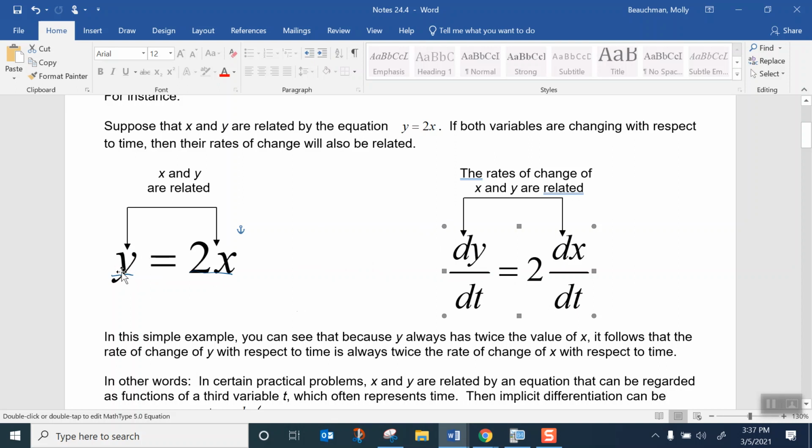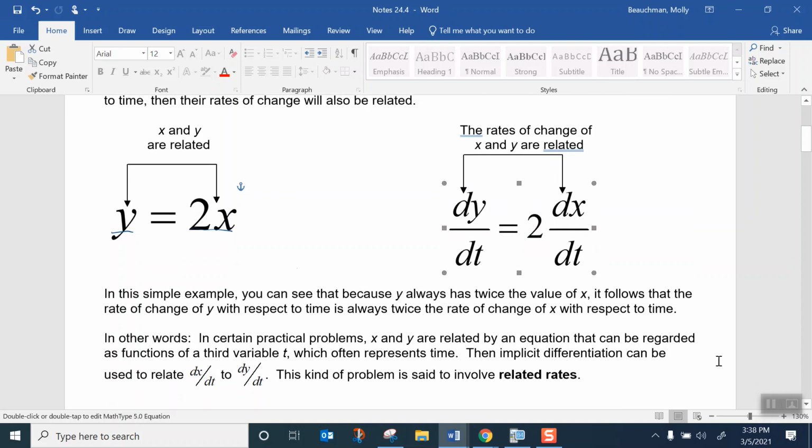So take the derivative, think of the chain rule again: the derivative of y is 1 dy/dt, which is equal to 2 dx/dt. So in this simple example, you can see that because y always has twice the value of x, it follows that the rate of change of y with respect to time is always twice the rate of change of x with respect to time.